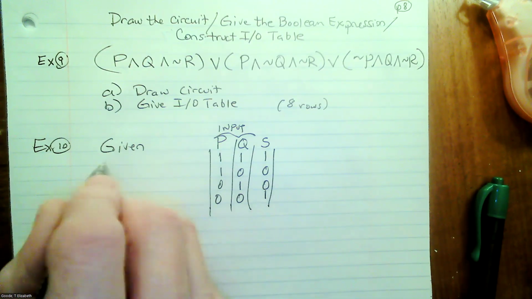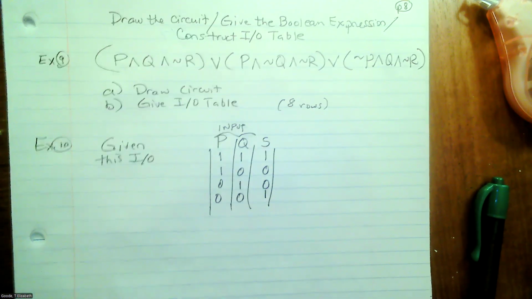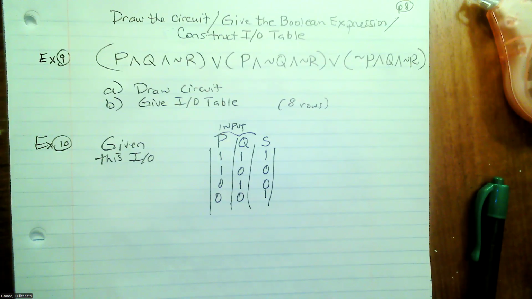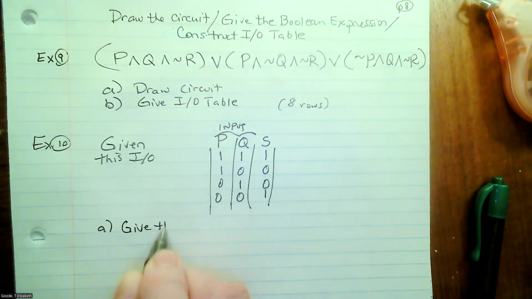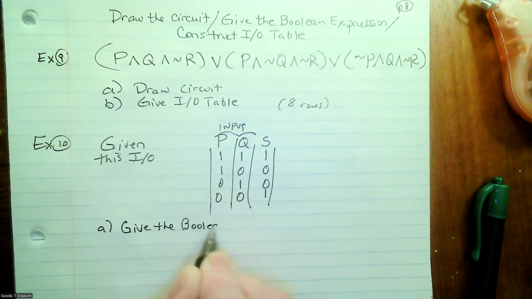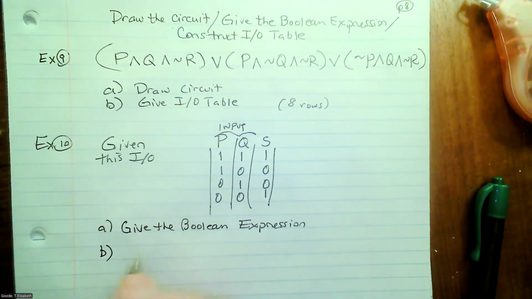Given this IO table, give the Boolean expression. That's always helpful to have, even if you're not asked to do it, and then draw the circuit.